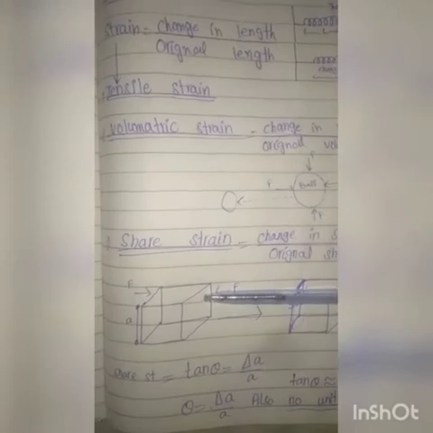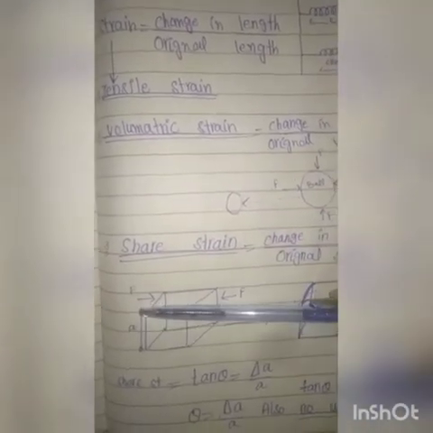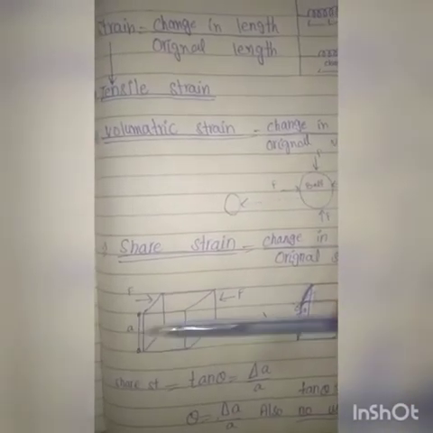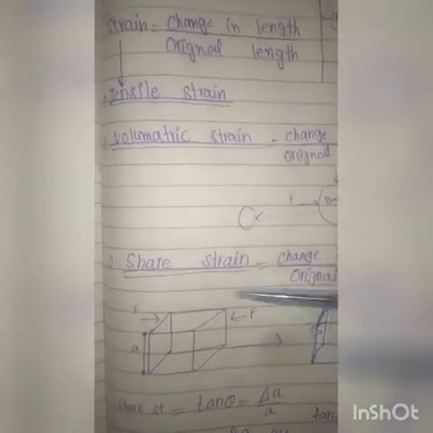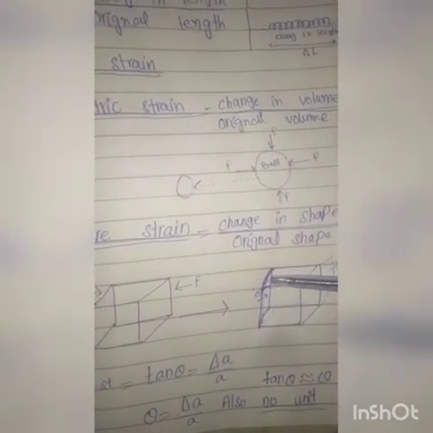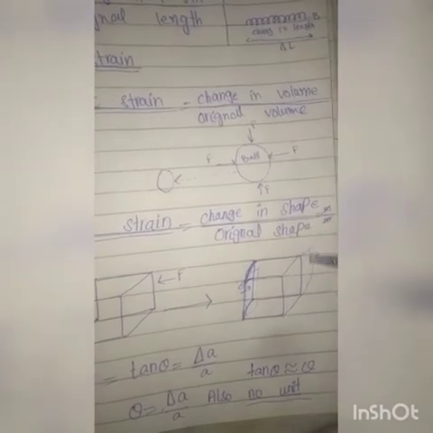To understand this, take a unit cell like this, and take its side and call it A. Now when we apply a force on this cell from the opposite side, we see that this side A tilts from its original position by an angle theta, and this side also tilts.